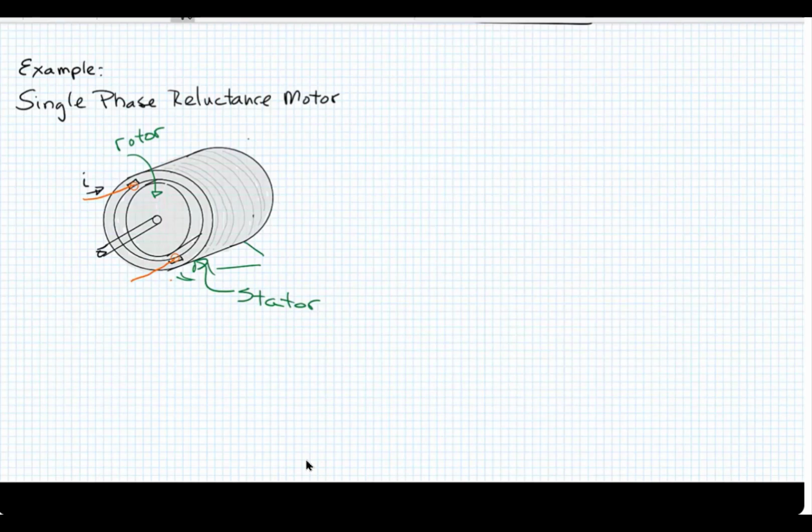Those terms are really artifacts of specific machine implementations, and a rotor is not an armature. You might have an armature that is on the rotor. I just want to make that very clear to everybody. So the general terms are rotor and stator.